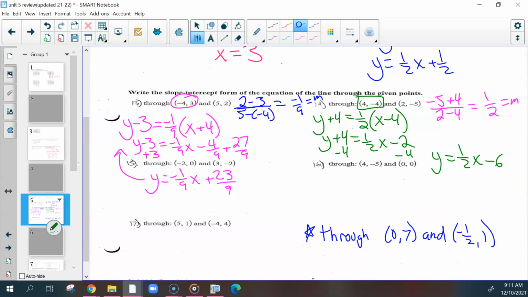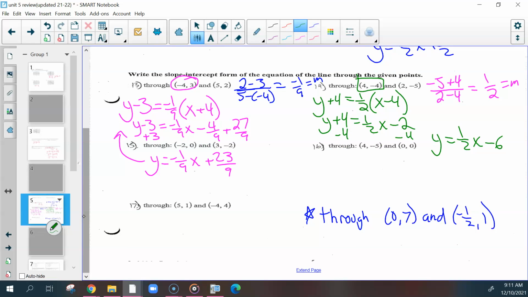We're going to do 2 more on this page, number 16, and then you guys are going to write this one down in the blank space. You can do that now or wait. Through 0, 7 and negative 1/2, 1.